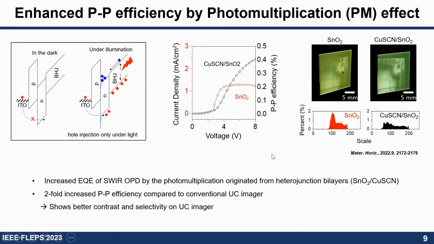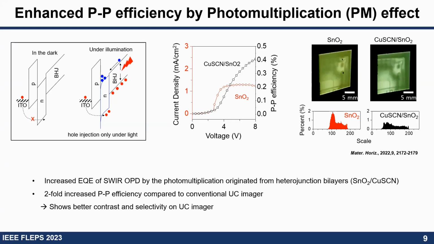In addition to the conversion imager with the NPD layer, we also increased the photon-to-photon efficiency by the photon multiplication effect, and this photon multiplication effect was enabled by the heterojunction bilayer of tin dioxide and copper thiocyanate.